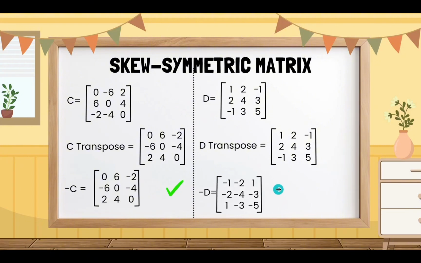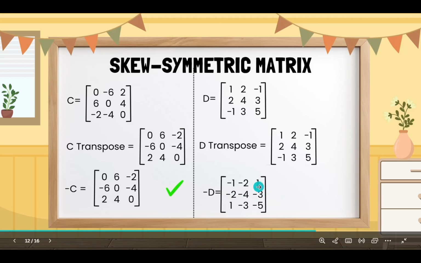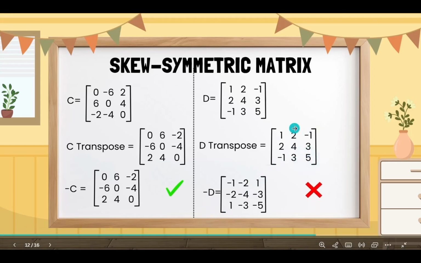When we negate the matrix D, it's going to be minus 1, minus 2, 1, minus 2, minus 4, minus 3, 1, minus 3, minus 5. So these two are not the same. That means it's not a skew symmetric matrix.